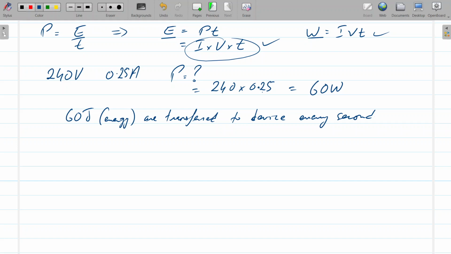And so that is for watts. So you can have larger units of watts, right? You can measure things in kilowatts, and so that is 1,000 watts. If you got something like 60 kilowatts, that is 60,000 watts. And then you can have the megawatt, 1 megawatt, that is a million watts.